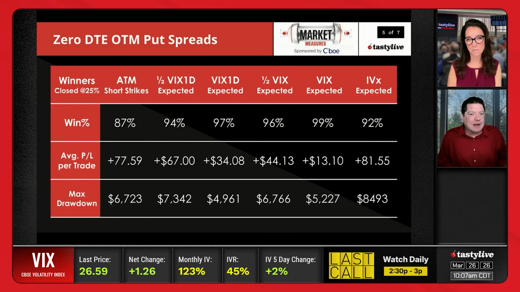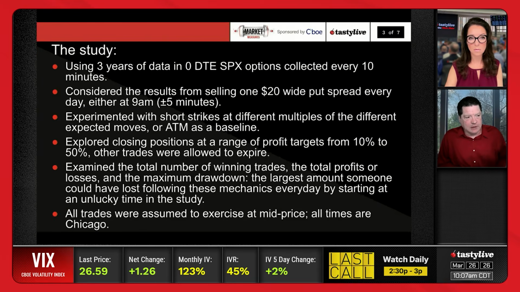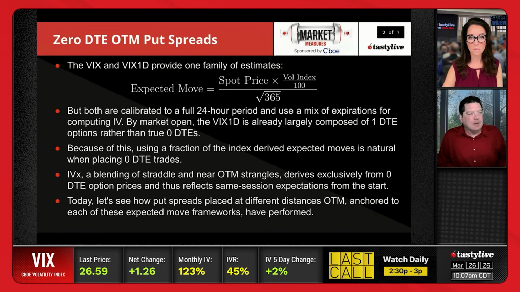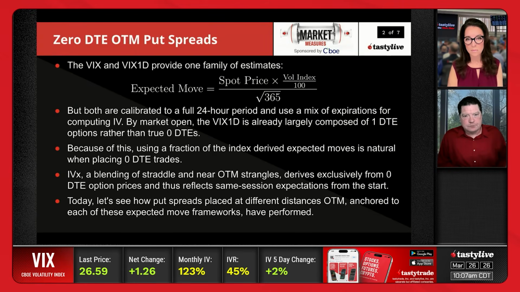If you go back, Jen, to that other slide with that formula on it, that's the process. That's what the formula is. So the expected move is the spot price or the index price, right? The SPX price. And what I do is take the volatility index. I don't even like to say vol index divided by 100. It's just volatility, basically.